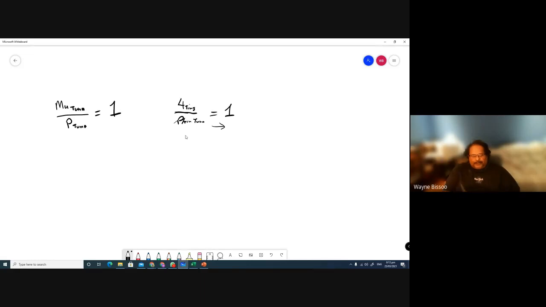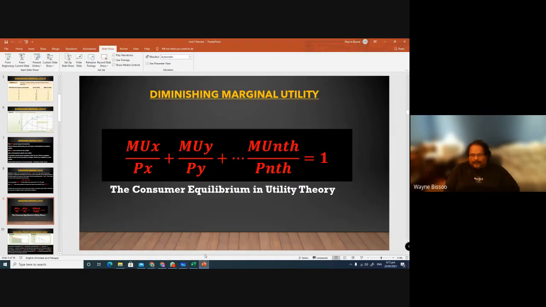Now, let's come back to the formula. You'd notice in the equation that we have here, we have the MU of x over the P of x, plus the MU of y over the P of y, plus the MU of the nth item over the P of the nth item, is equal to 1. This is the consumer equilibrium utility theory.